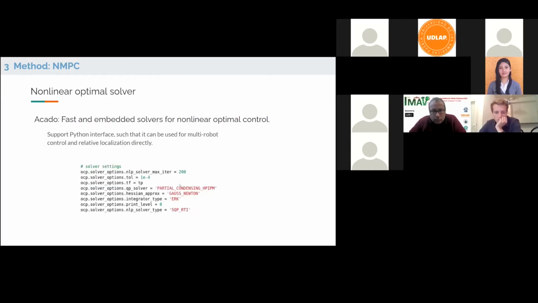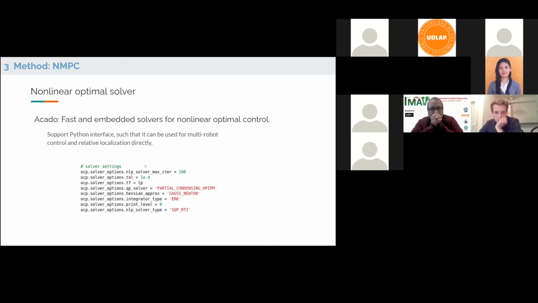To solve this nonlinear optimal control problem, we decided to use Acados. It is an open source, fast, embedded solver for nonlinear optimal control. Because it supports a Python interface, we can use it directly to control the Crazyflie quadrotors from a computer.